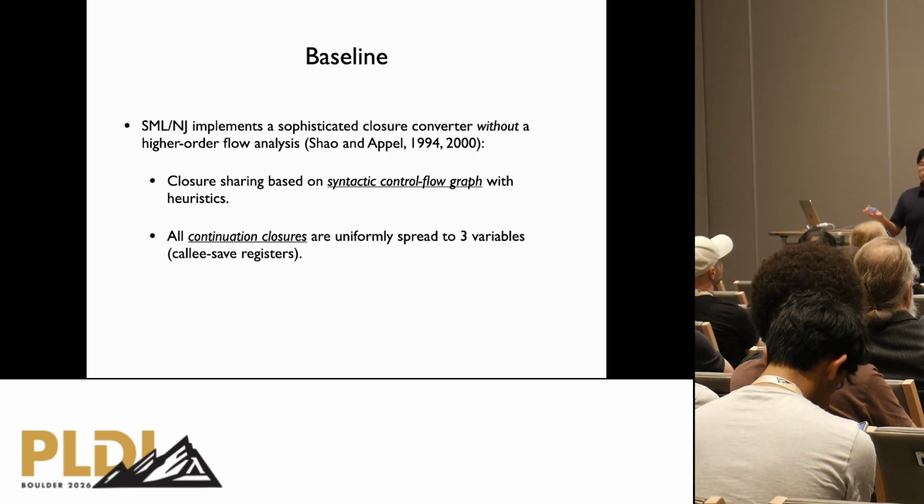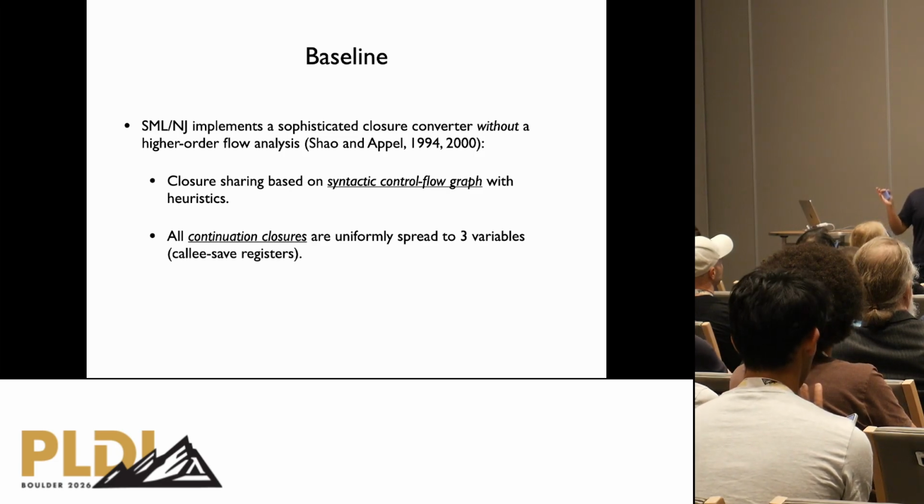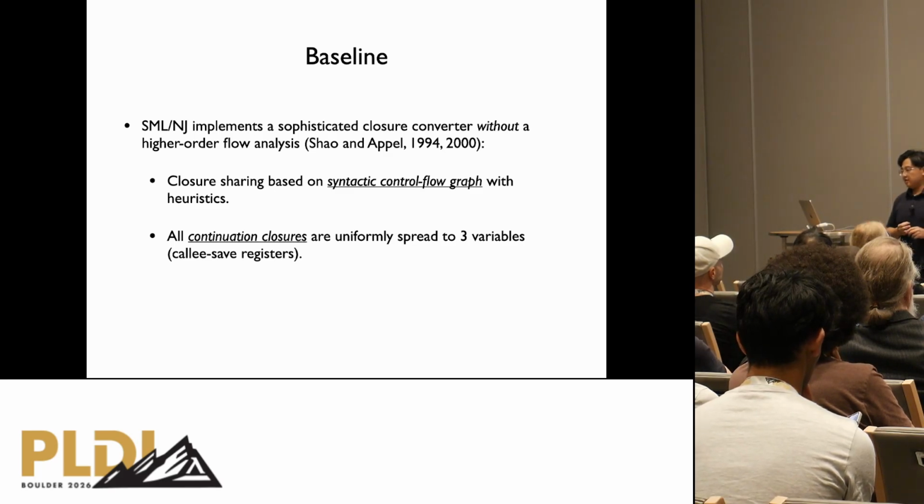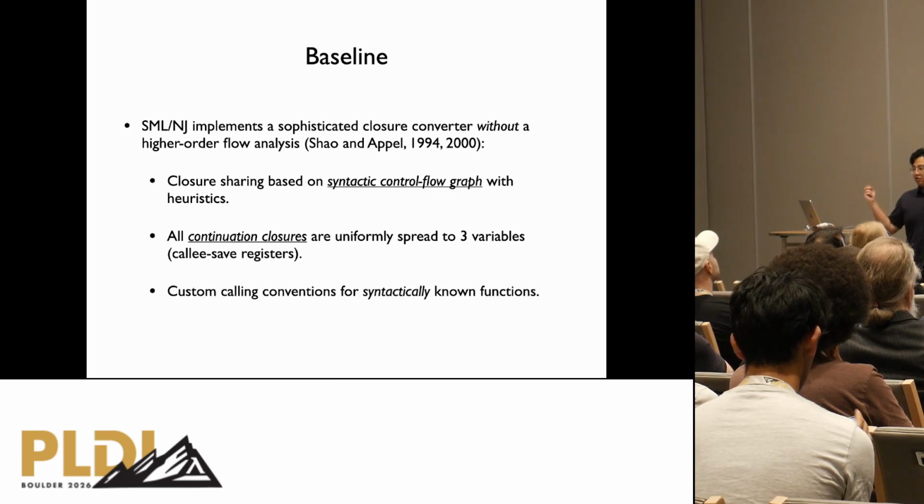Because they don't do closure class analysis, their spreading can only be confined to a global decision. In this case, they spread all continuation closures uniformly to use 3 extra variables. And obviously, for syntactically known functions, they use the custom calling convention for all of these because they're well known.